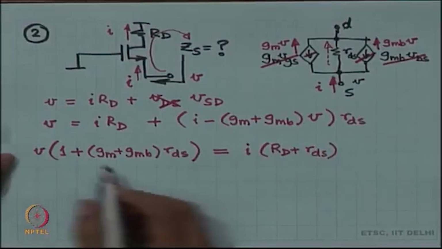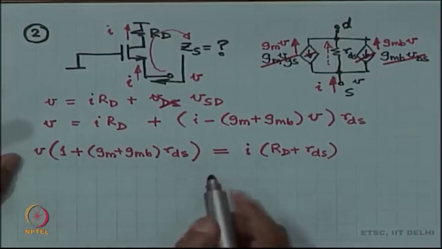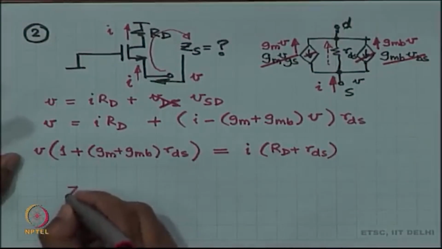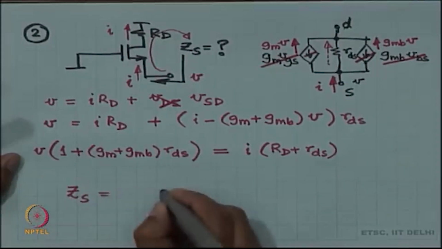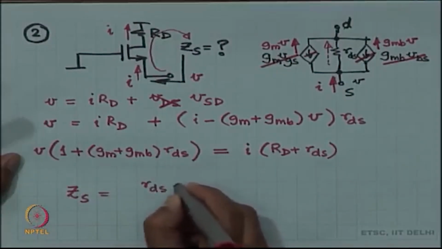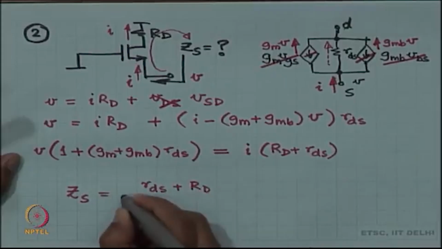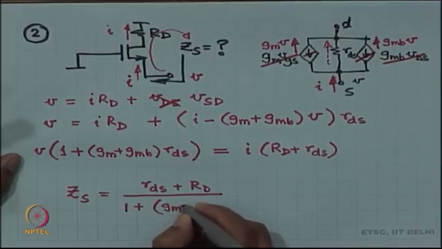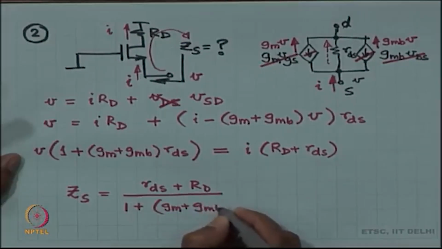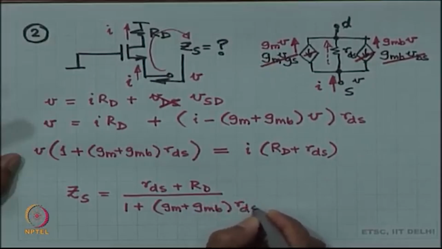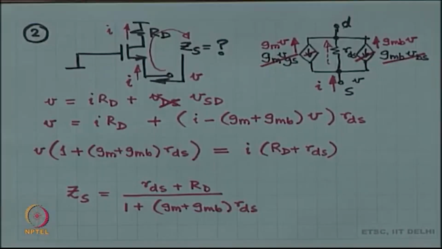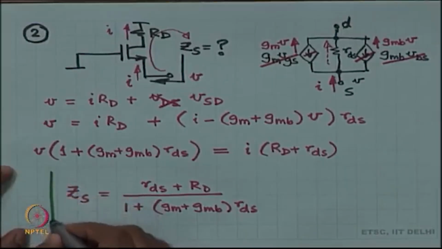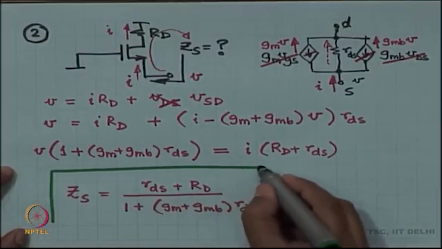And that will give me V by I, that is the input impedance, is equal to... All right. Now, this result happens to be important enough that you need to memorize it for this course.